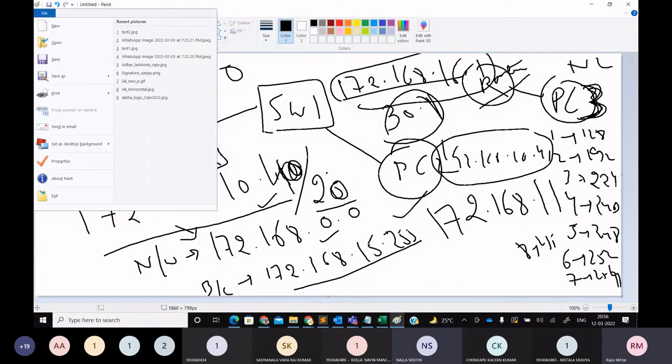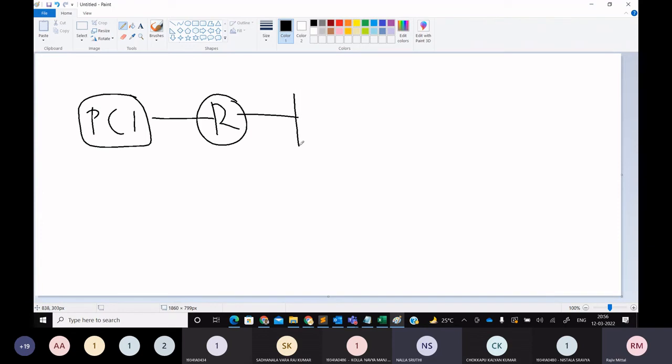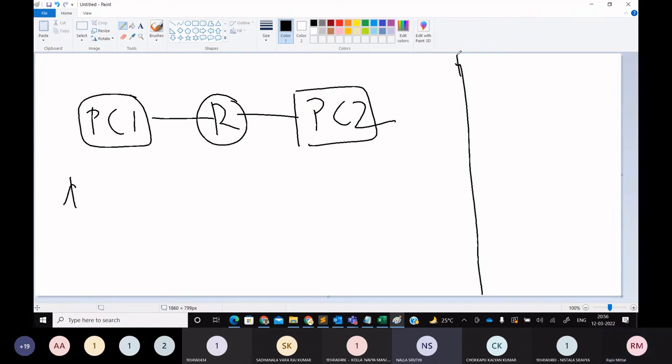So let's take a similar example for you, right? You have PC1 connected to a router and connected to a PC2. My professor gave me the IP range 192.168.100.0/24.